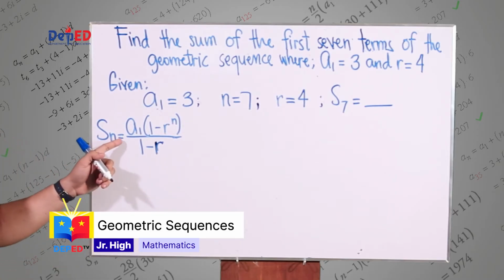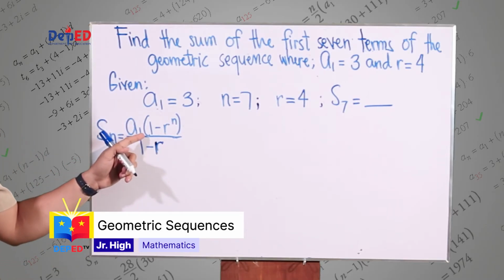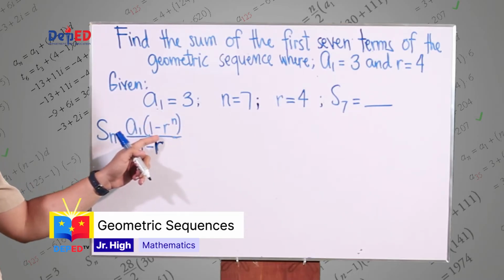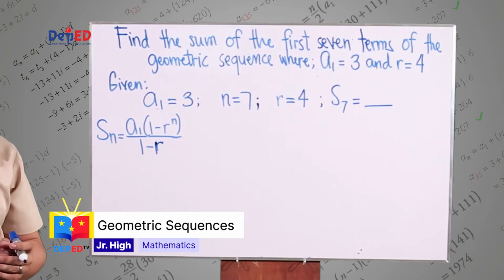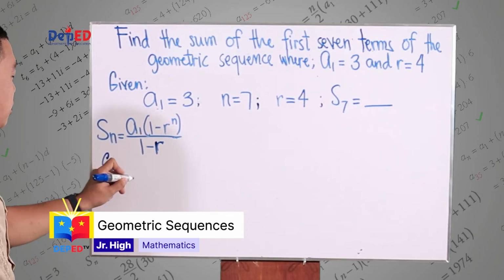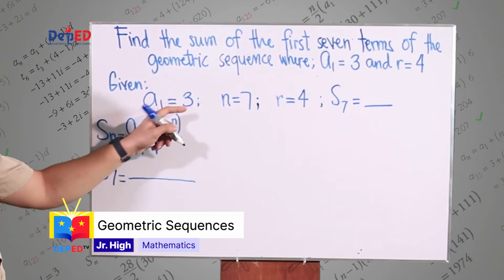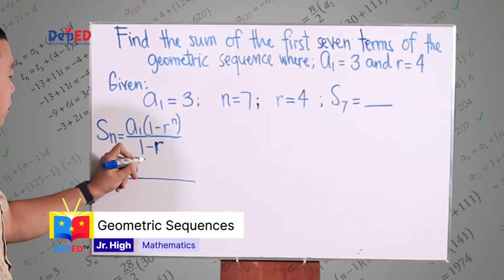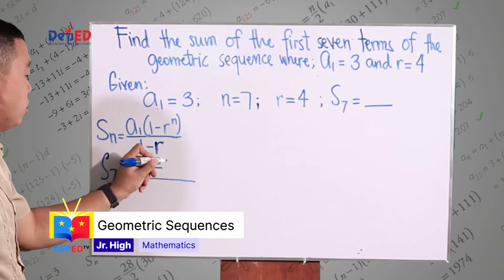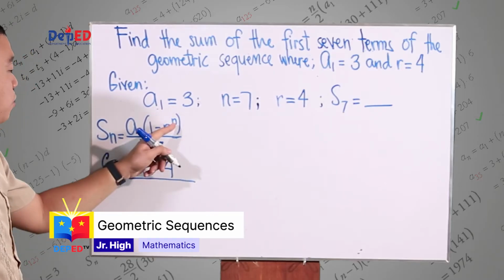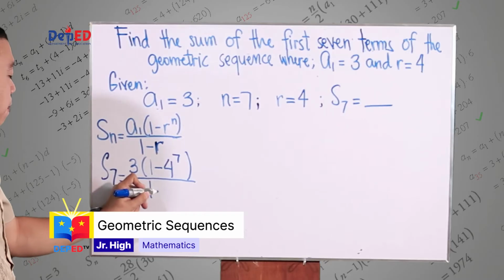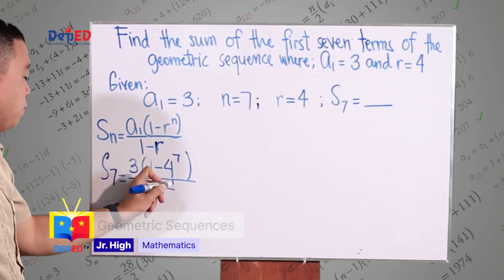Now, let's substitute these values to the formula. S sub n is equal to a sub 1 times the quantity 1 minus r raised to n all over 1 minus r. So that's s sub 7 is equal to a sub 1, which is 3, times the quantity 1 minus r, again, is 4, raised to n, which is 7, all over 1 minus r, which is 4.